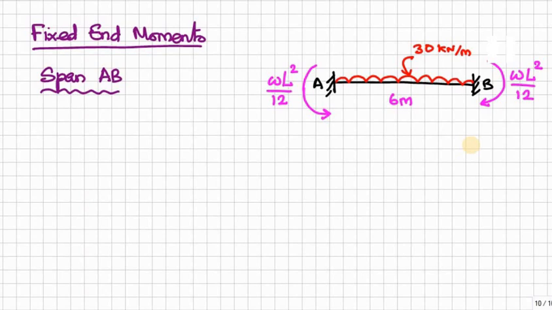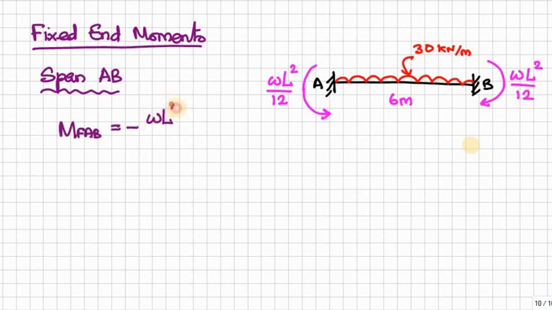For UDL, the support moments are WL squared by 12, in anti-clockwise direction at support A, and at support B we have WL squared by 12 clockwise moment.